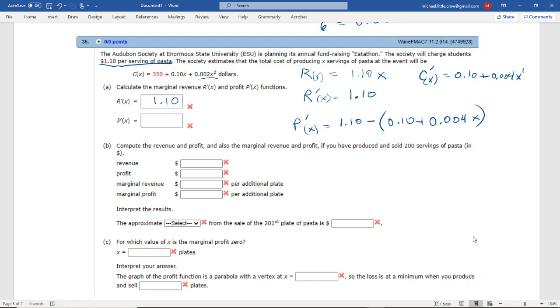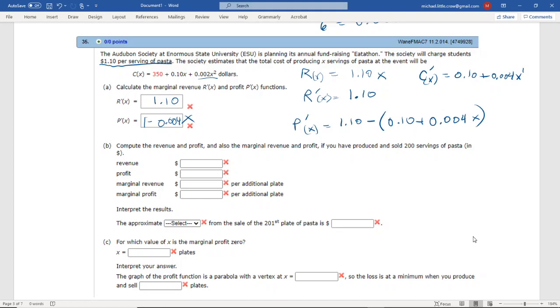So this negative will come here. So we get 1.1 minus 0.1. So 1.1 minus 0.1 is going to just be $1 minus 0.004x. Okay, so that's our marginal profit.